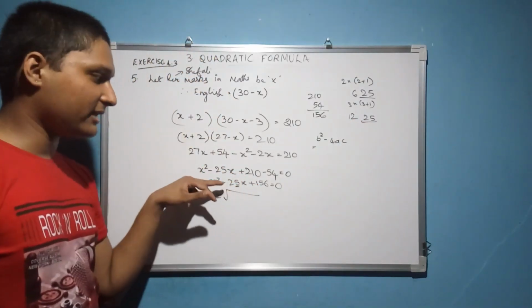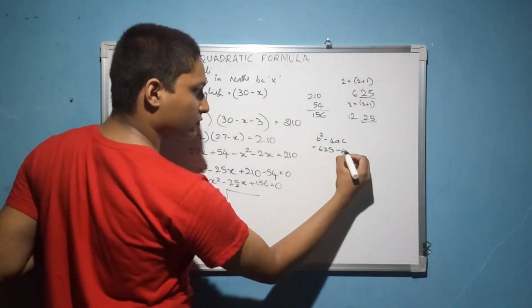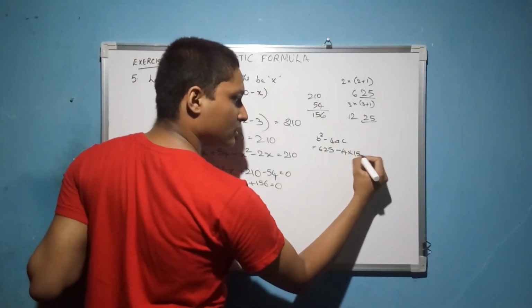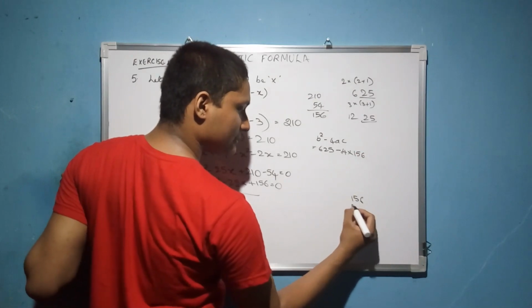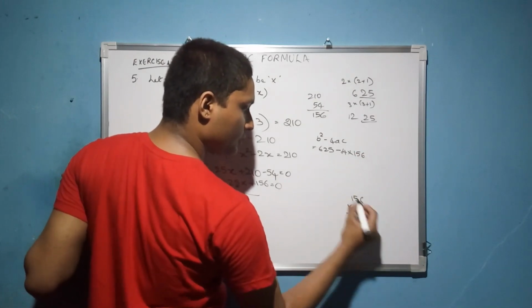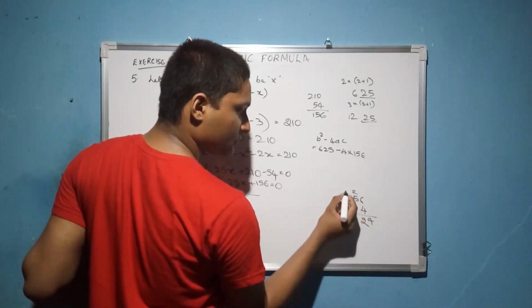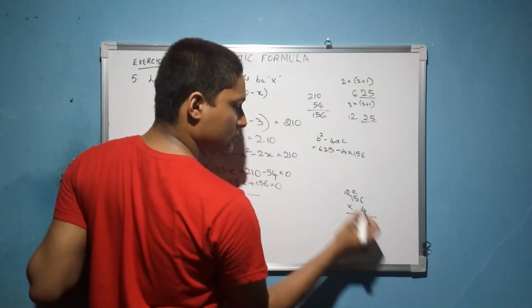So here I can directly find that 25 square is going to be 625. Minus 4 into a, which is 1, into 156. So now I need to multiply 4 by 156. 156 into 4 is going to be 624.